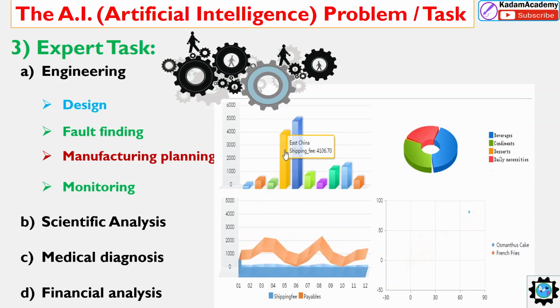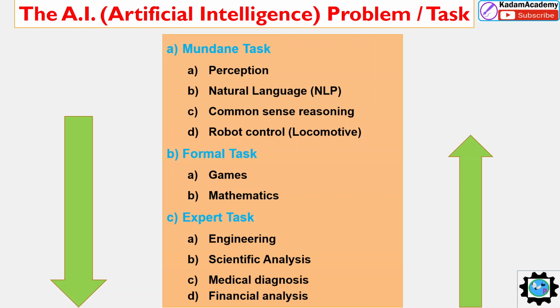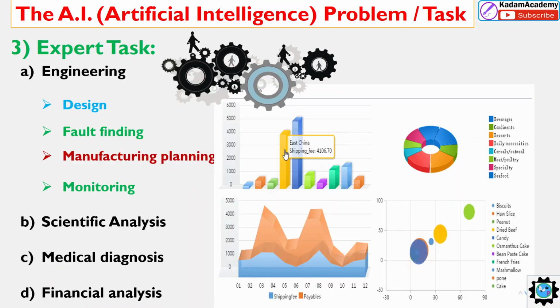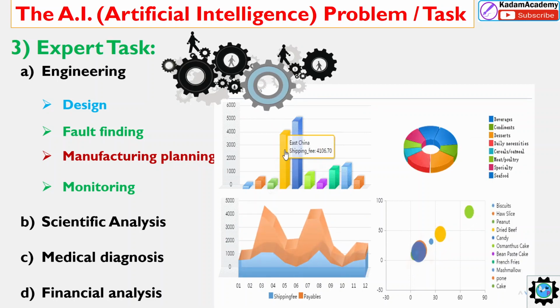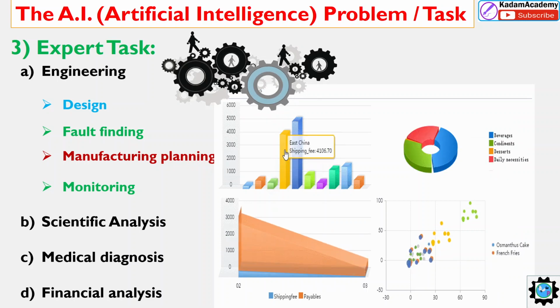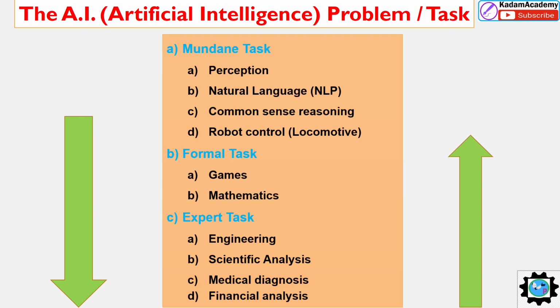Friends, expert skills require knowledge that many of us do not have, while the more mundane skills' knowledge is usually easier to represent and deal with inside a program. From the mundane task, we go downward, and the upward directions are shown here. There is a meaning in showing that.